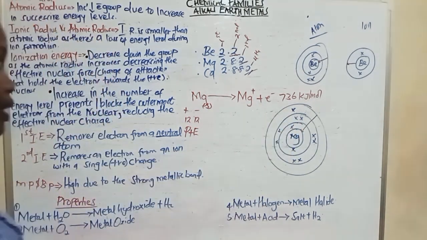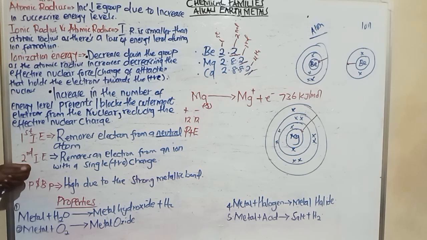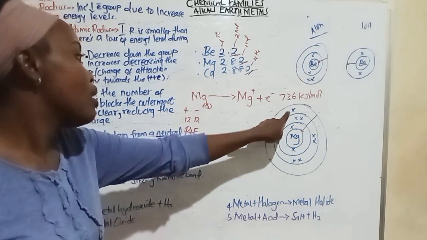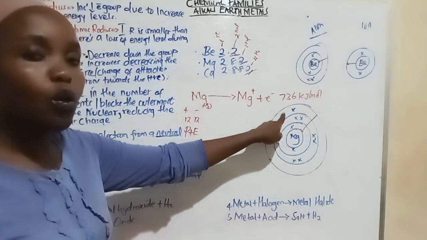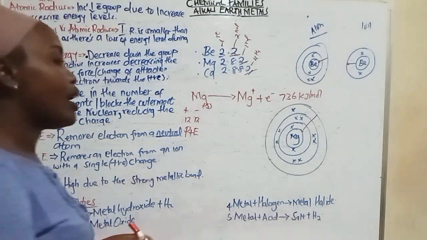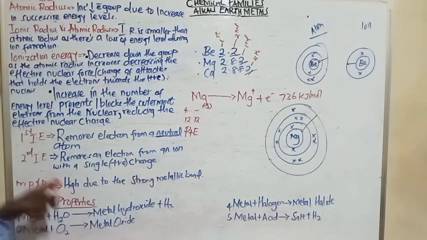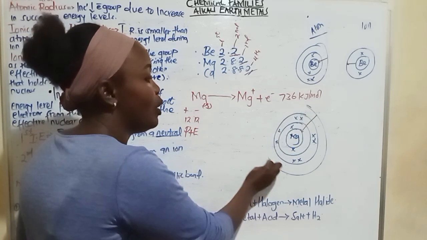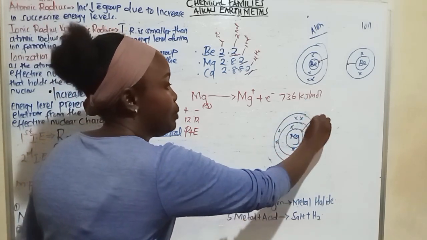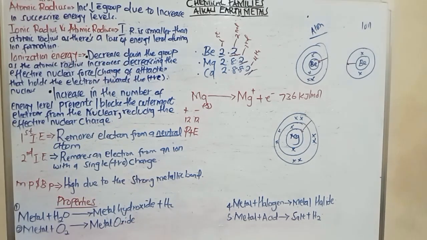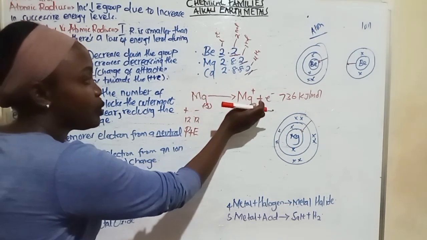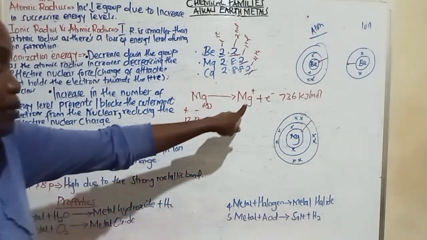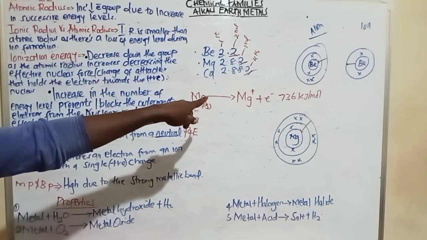For us to lose this electron, we are going to use the second ionization energy. The second ionization energy is responsible for removing electrons from an ion with a single positive charge, forming an ion with a charge of +2.